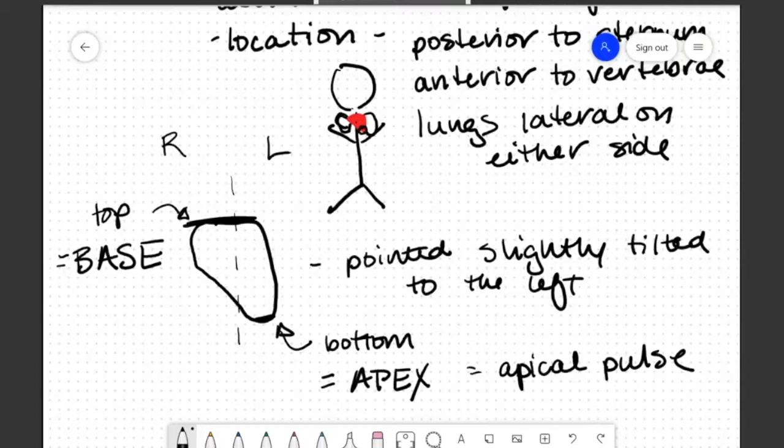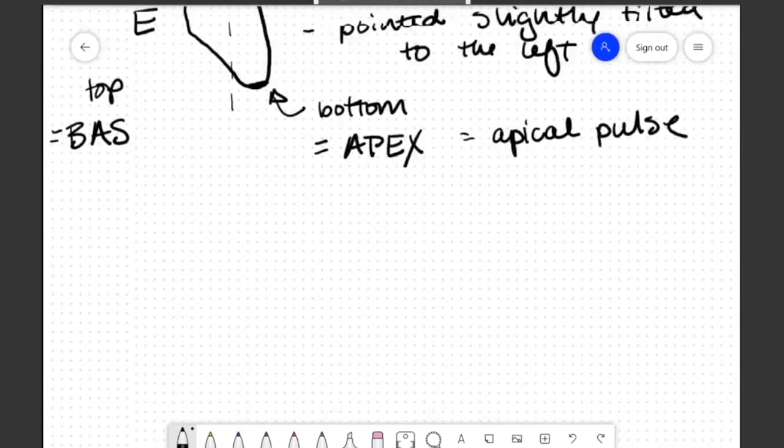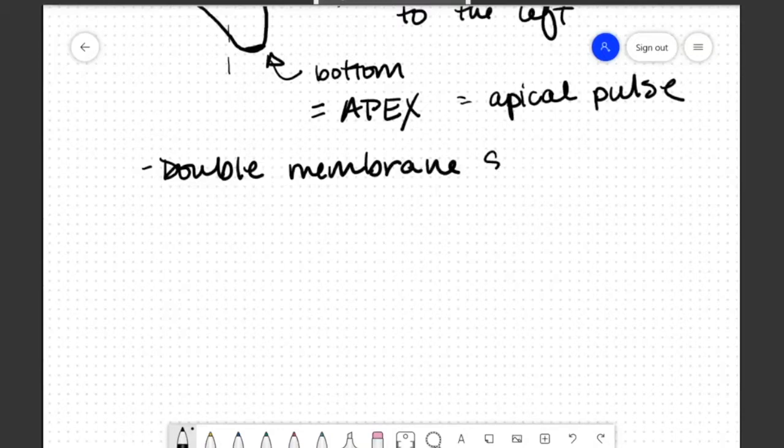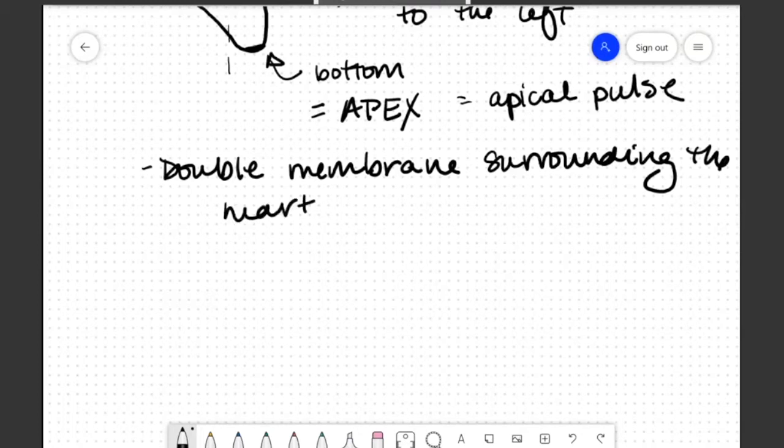Okay, so some more about the gross anatomy of the heart is there is going to be a double membrane surrounding the entire heart. So it is going to be 2 layers all the way around the heart. You will have layer 1, and this will be called the epicardium.